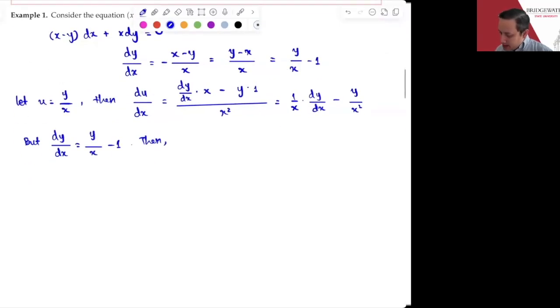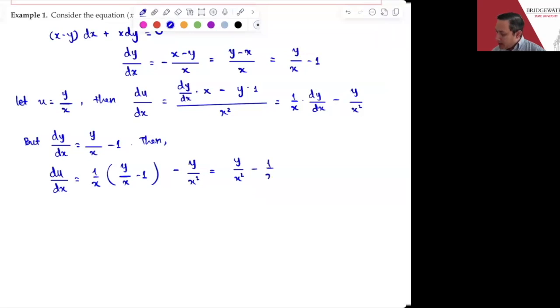Then du/dx is equal to 1 over x times (y over x minus 1) minus y over x squared. Distribute 1 over x into the parentheses, you have y over x squared minus 1 over x minus y over x squared.